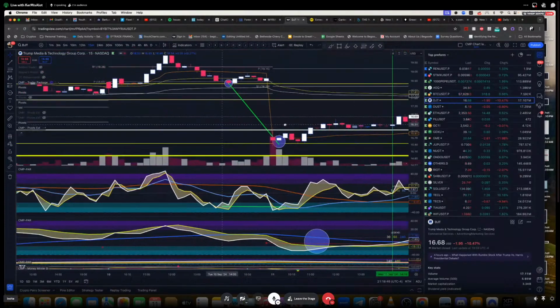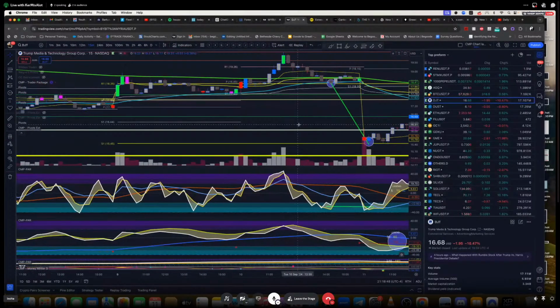So DJT, I don't know if I put the chart up in the stocks, but I definitely had been mentioning it. Mickey knows, and Mickey got in with me, I think. Yeah. So I got in at 16 and change to 17, and I sold most of it yesterday at around 19, and I got out a little bit here at 18.60.